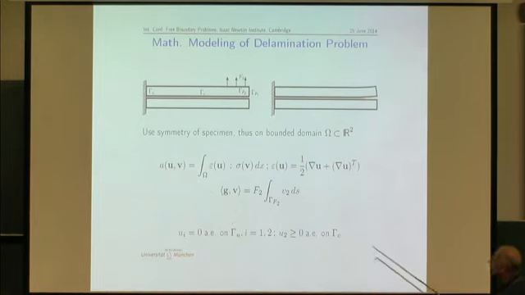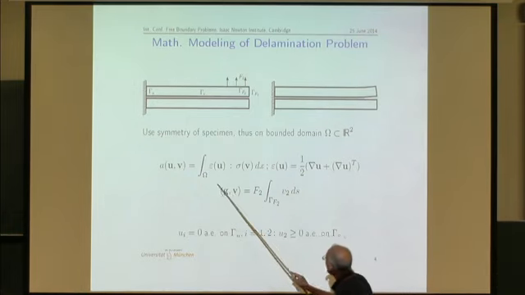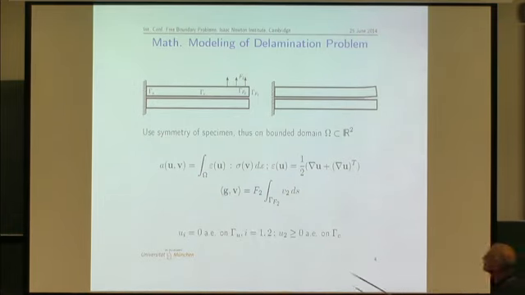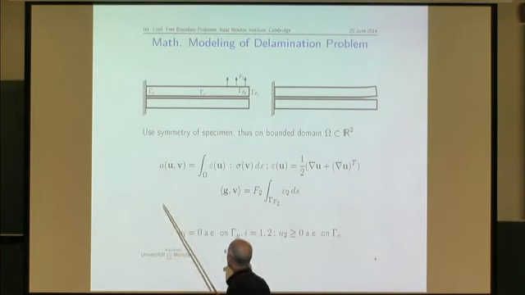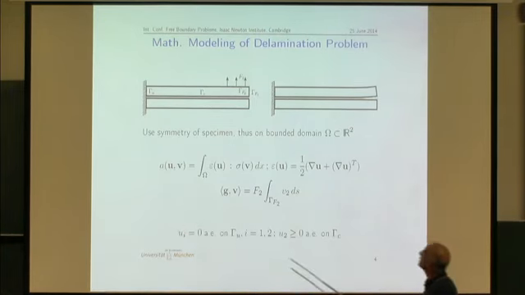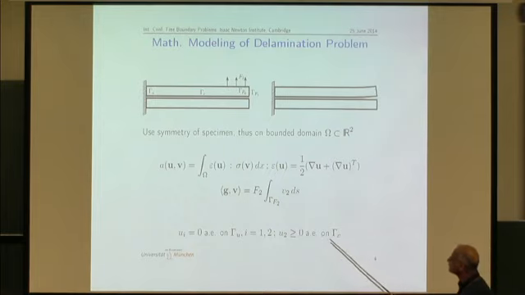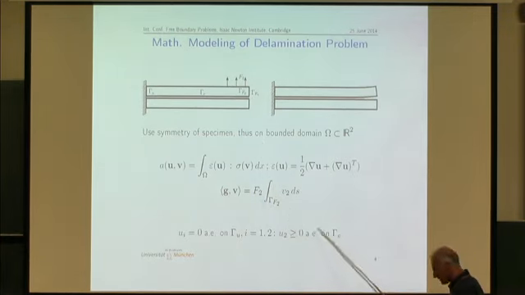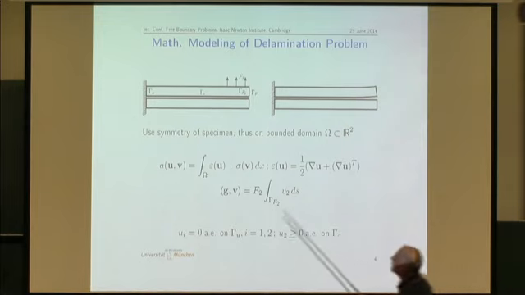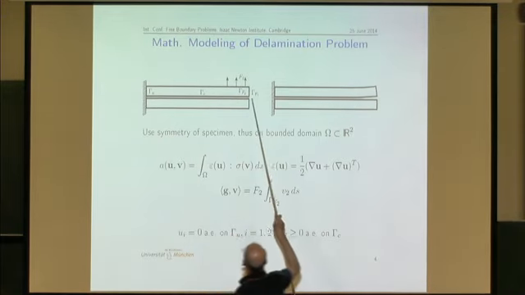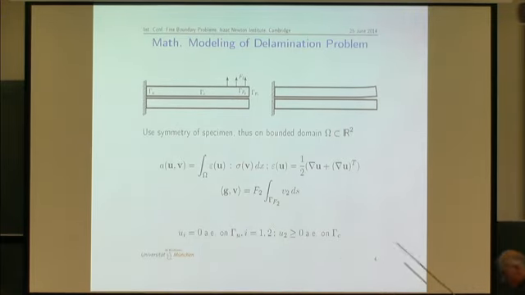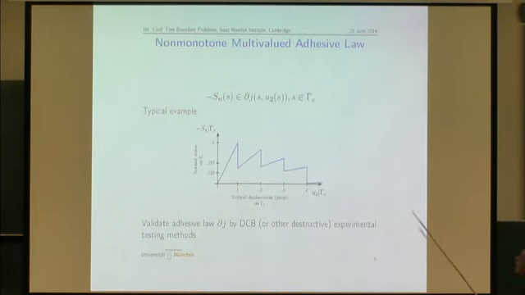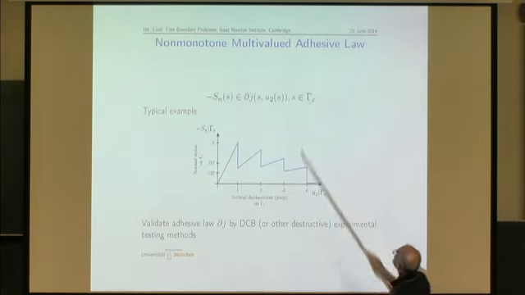You have, by loading, this work here, and of course you have boundary conditions by this fixing here. You have these zero boundary conditions here, but now you have unilateral conditions here in vertical direction, in u2 direction, greater or equal 0, and all the behavior of the adhesive layer here will be captured by a non-monotone multivalued adhesive law.